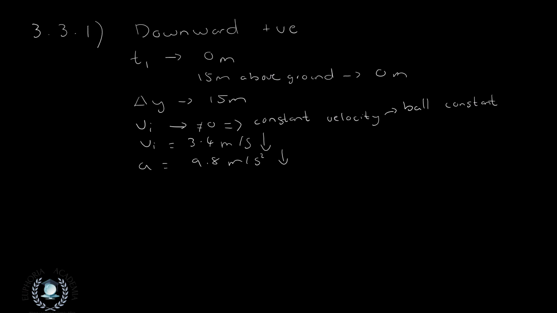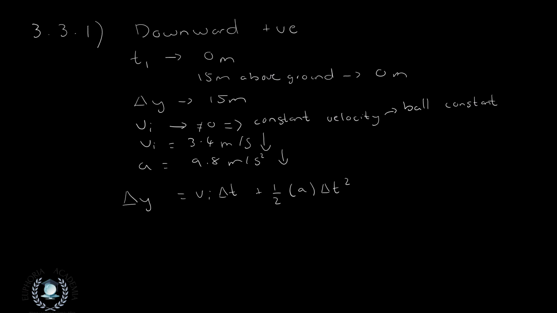So which equation can we use? We can use delta y is equal to vi multiplied by delta t plus half of our acceleration multiplied by delta t squared.